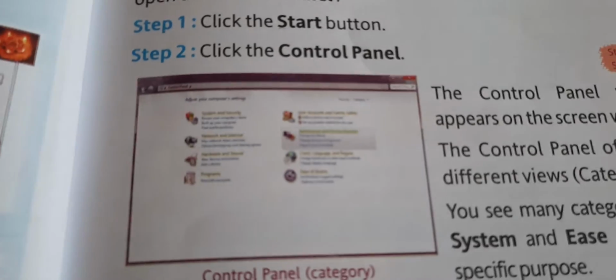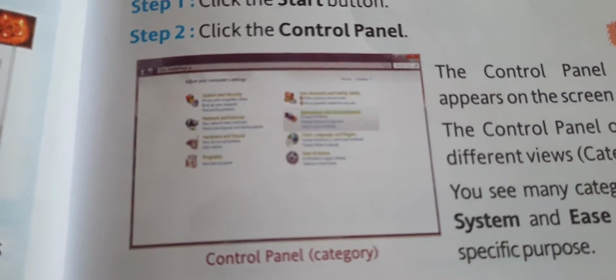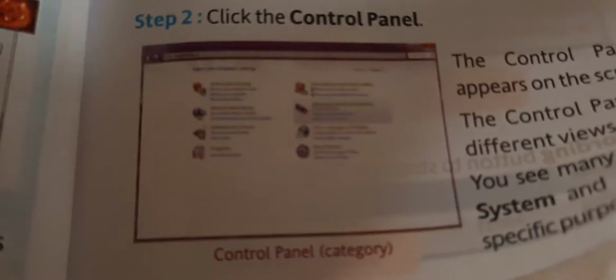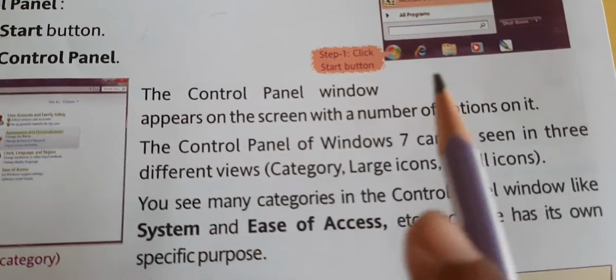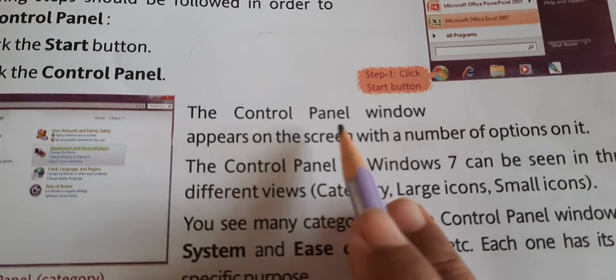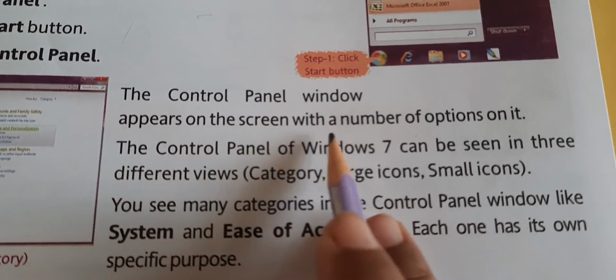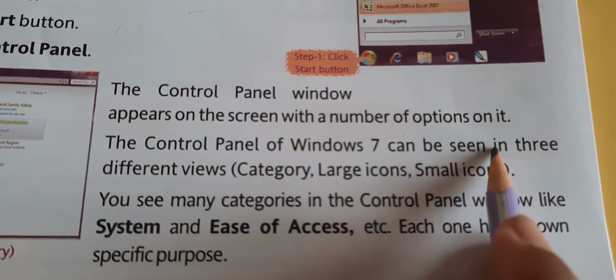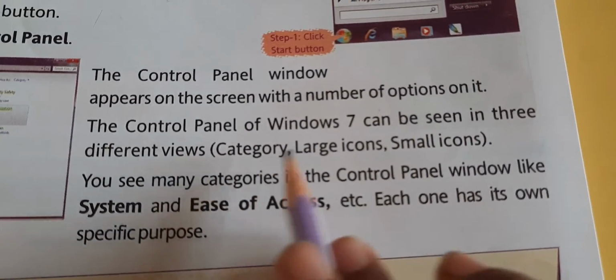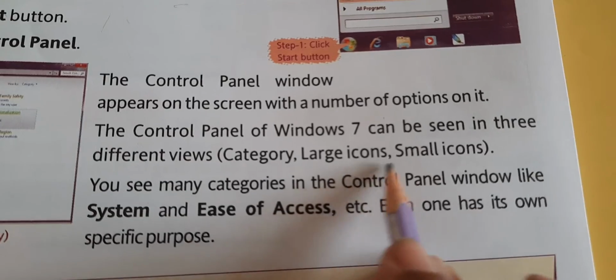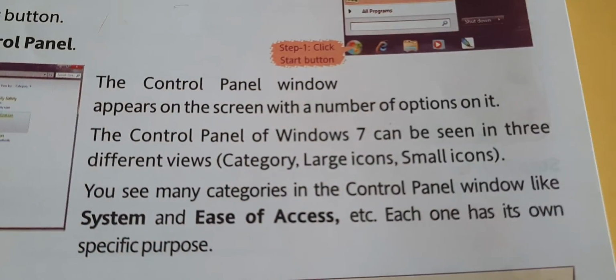Okay, it is not so clear right now in the video. You can open your book and see. Okay, this screen will open. Then the control panel window appears on the screen with a number of options on it. The control panel of Windows 7 can be seen in 3 different views: category, large icons and small icons.